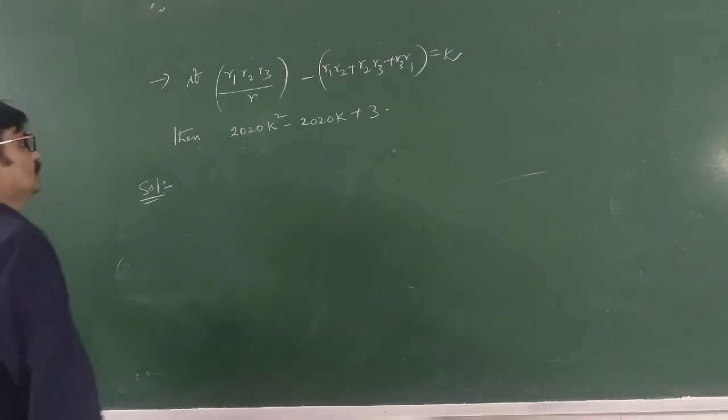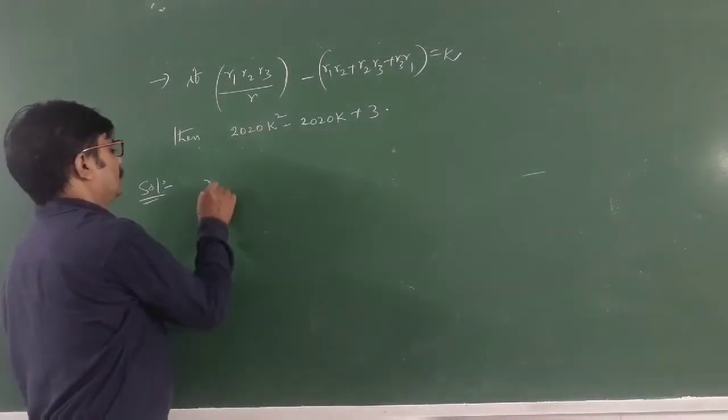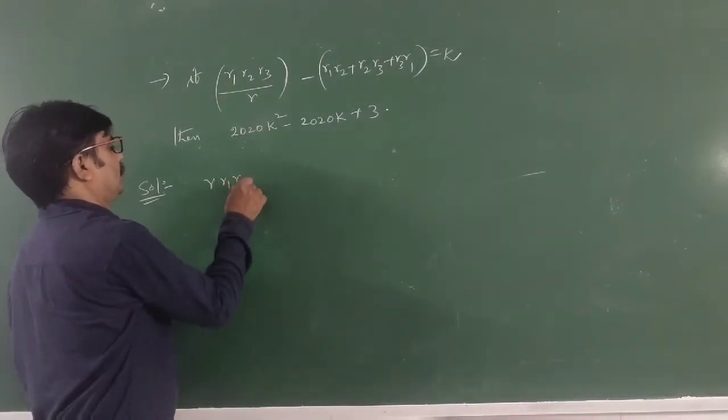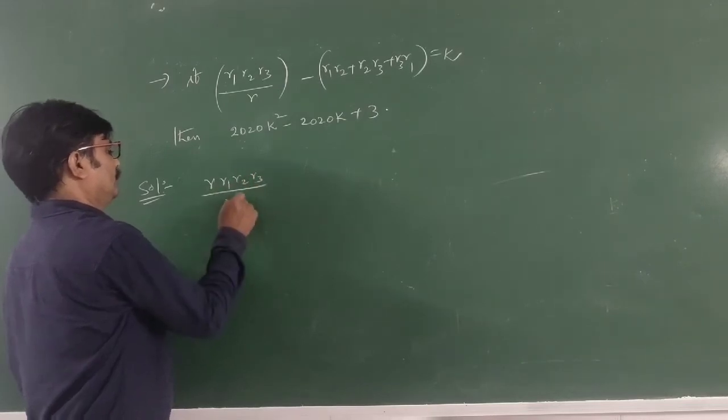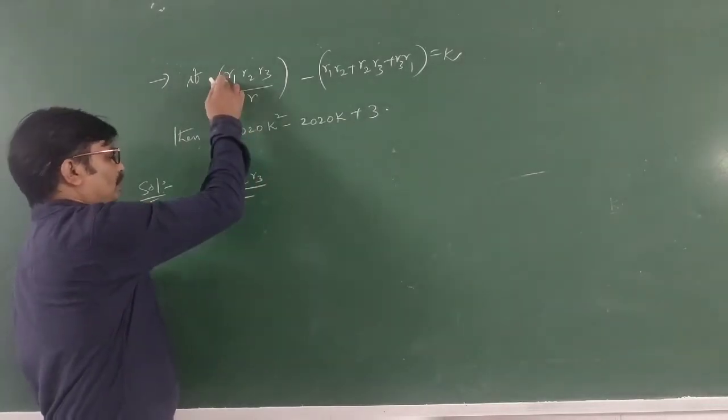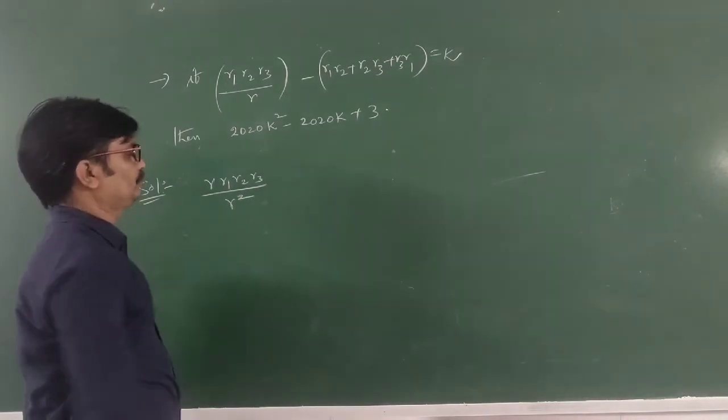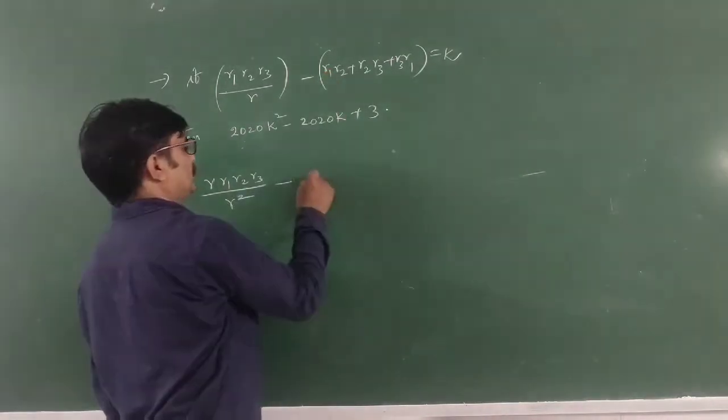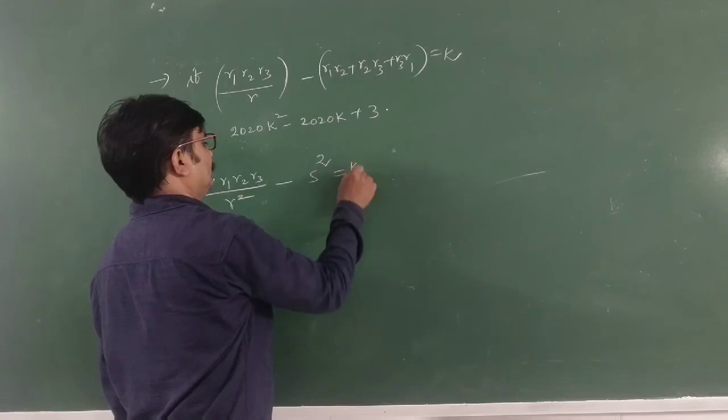So dear students, first we are taking r into r1 r2 r3 by r square. We are taking into r by r into r square. So this is S square.